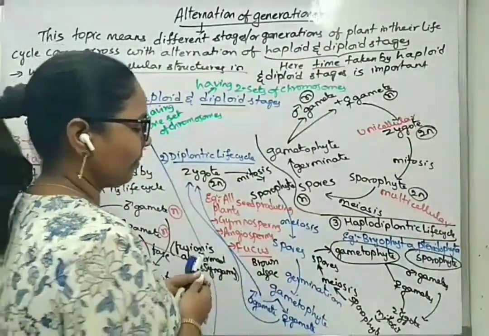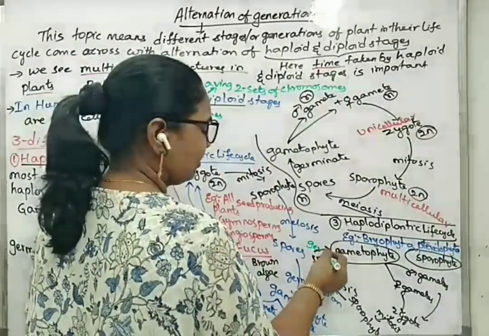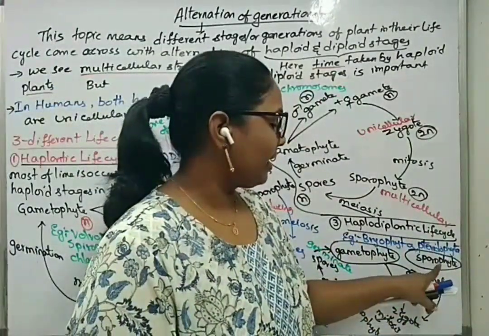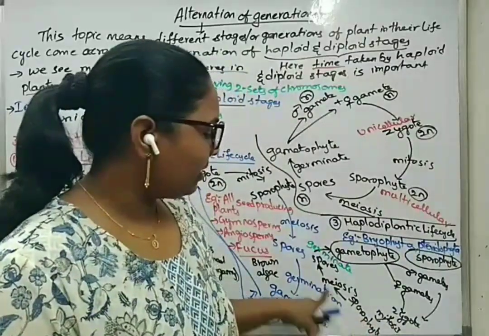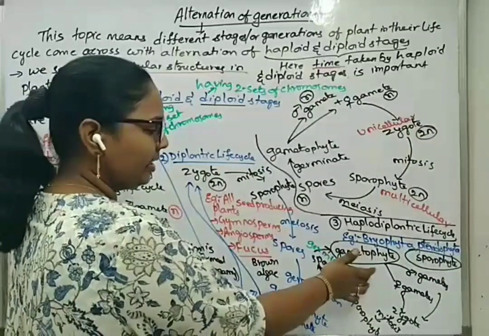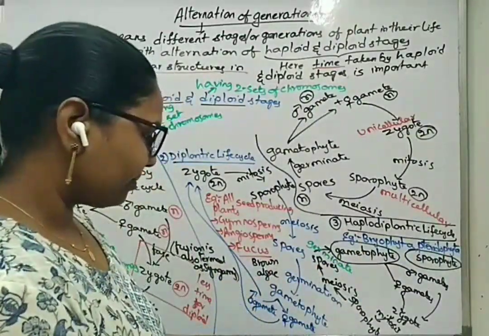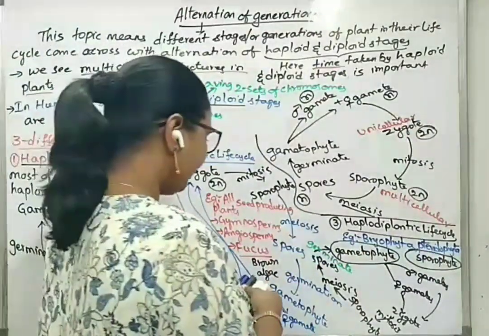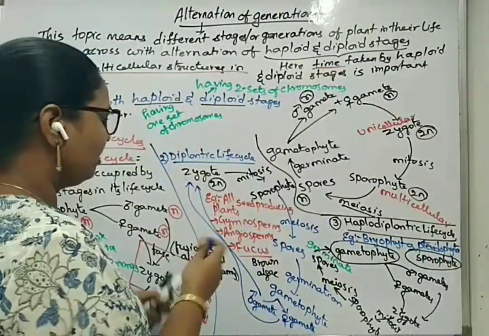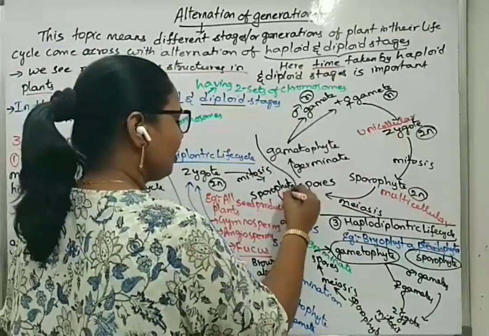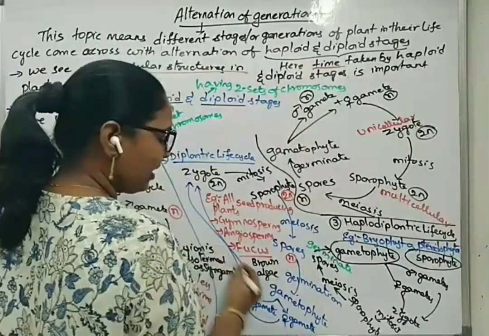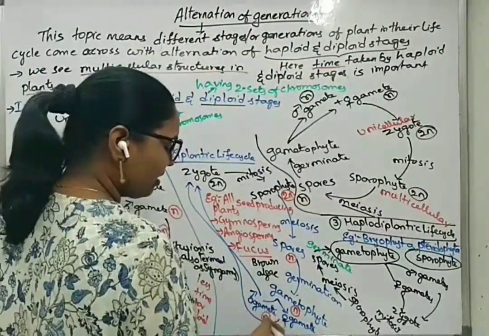If we start with the pteridophyte sporophyte, the cycle gets repeated again. So we start with either a gametophyte or a sporophyte. Here we have to understand one point. In the diplontic life cycle, the zygote and sporophyte are diploid, and the others are haploid.